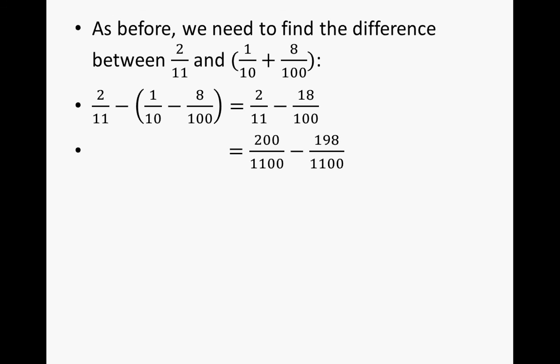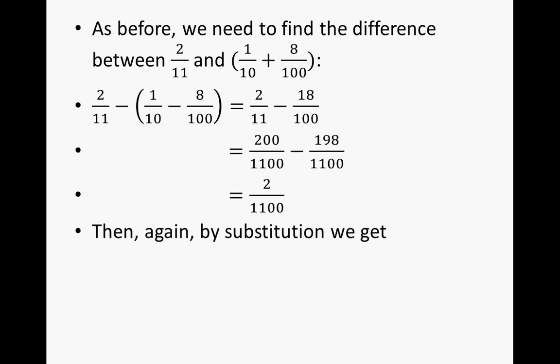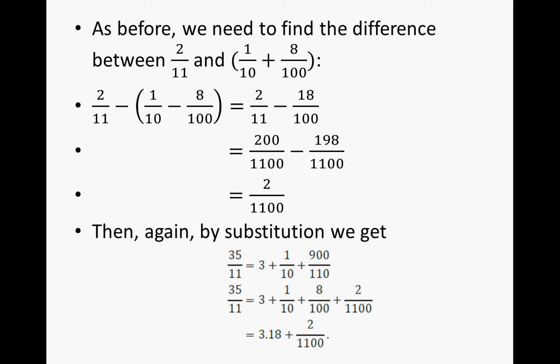So now we have 200/1100 minus 198/1100. When we subtract that, we get 2/1100. So then by substitution, we get 35/11ths is equal to 3 plus 1/10 plus 900/110ths.